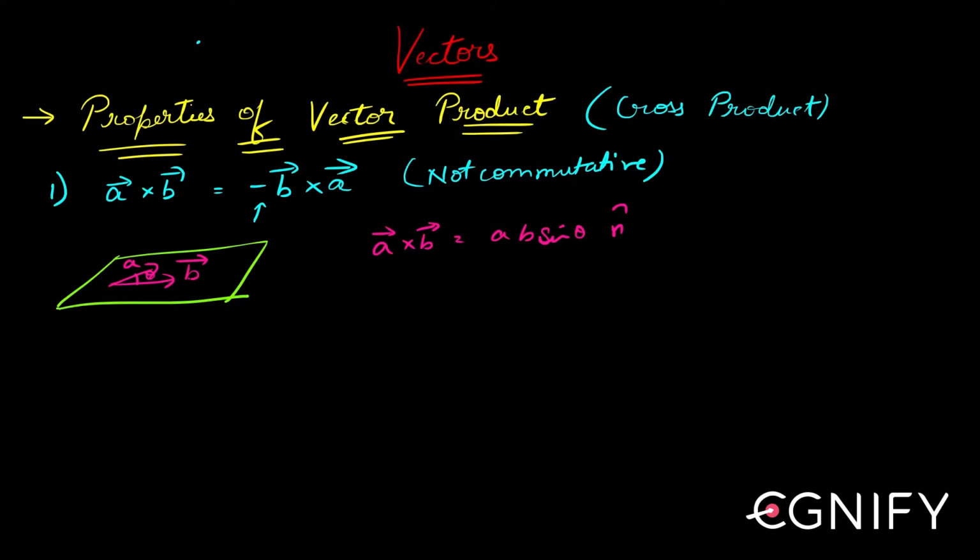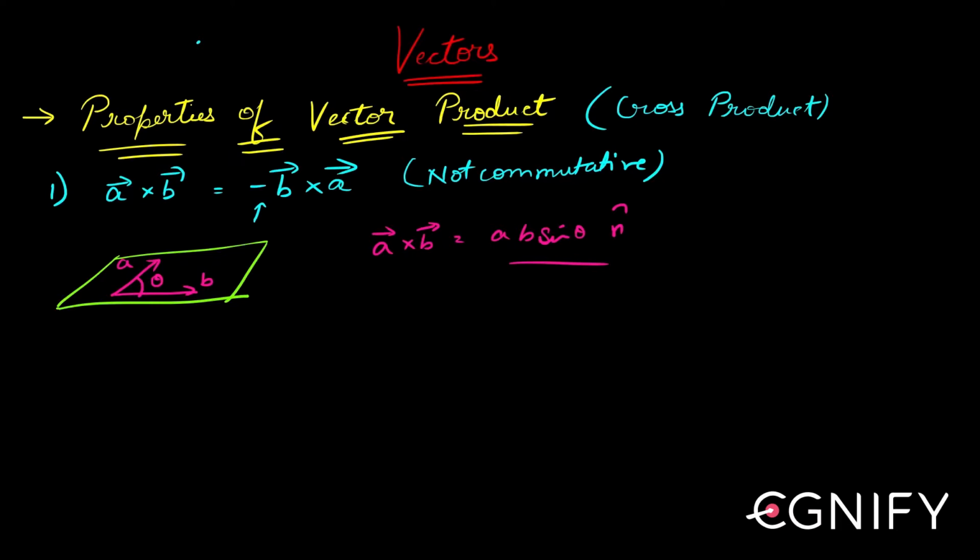If you've not followed what this is, then look at the previous video, because that video talks about the procedure for finding the cross product. So this is your B, this is your A, and this is your theta. AB sine theta is the magnitude, and n cap is the direction of this A cross B.